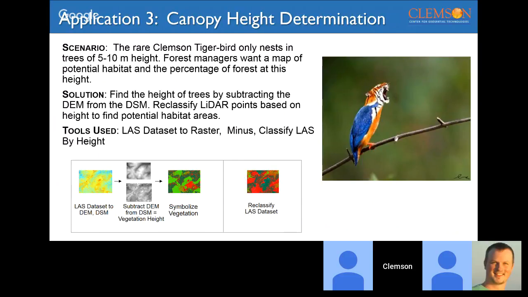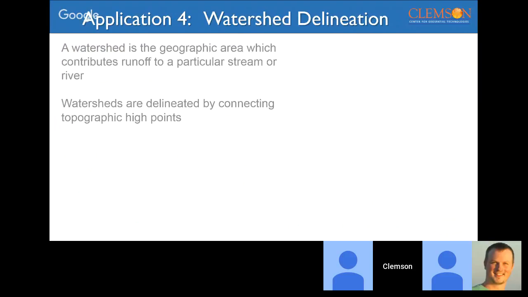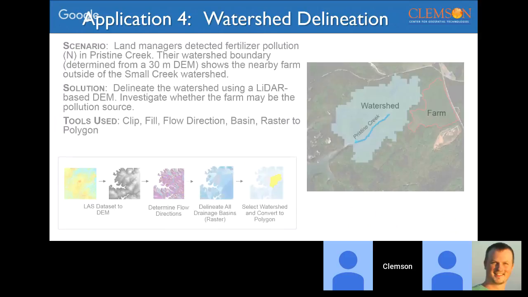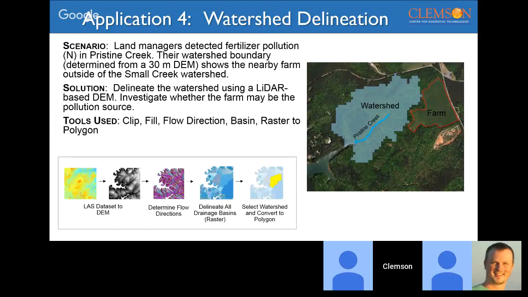And so here we can also reclassify our LAS data set based on height information if we want to tag things as low, medium, or high vegetation. And then there's also a watershed delineation here where we can calculate a high resolution elevation data set and delineate all the basins within that region to try to determine if there's nitrogen runoff coming from this farm into what we think is the watershed for Pristine Creek here.